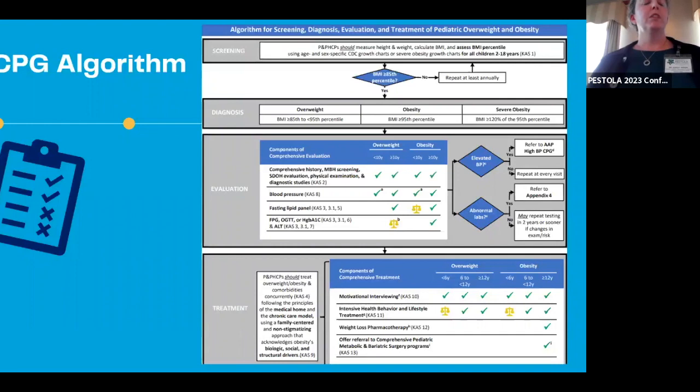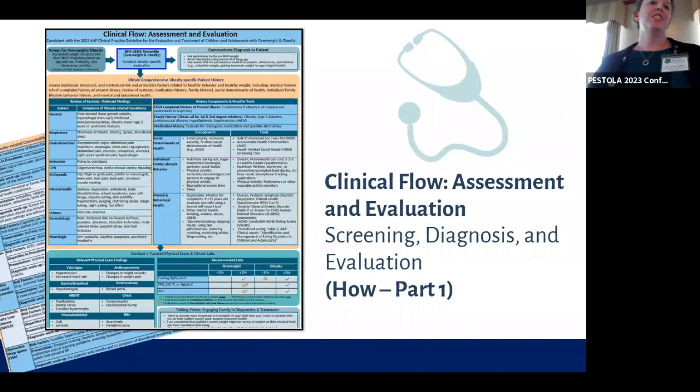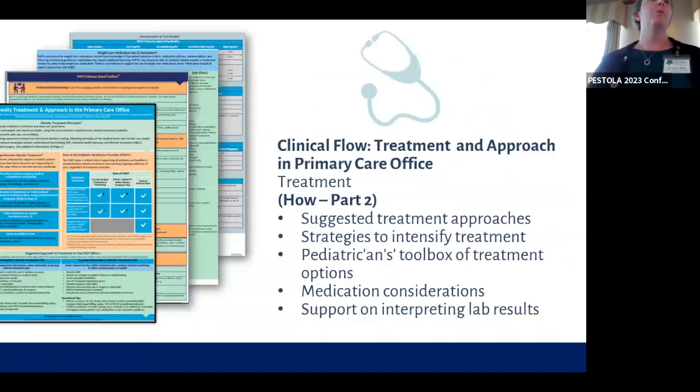One of the key implementation tools is the new CPG algorithm. This replaces our previous algorithms and includes all those key action statements for screening, diagnosis, evaluation, and treatment in one place. In addition, there are additional clinical flows for assessment and evaluation that provide more information, especially on all the comorbidities, and then treatment: what medications, what are the indications, what are the side effects, what are the contraindications.